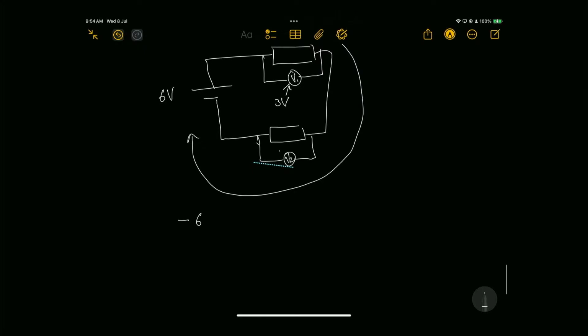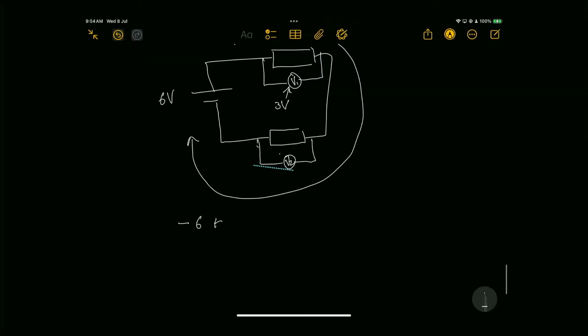So -6 plus the potential across R1, which is V1, which is 3 volts, plus the potential difference across R2, which is equal to V2, is equal to 0. Right?